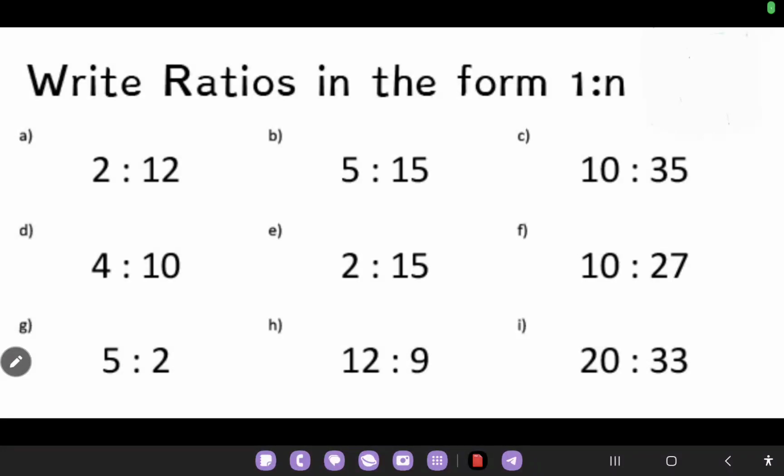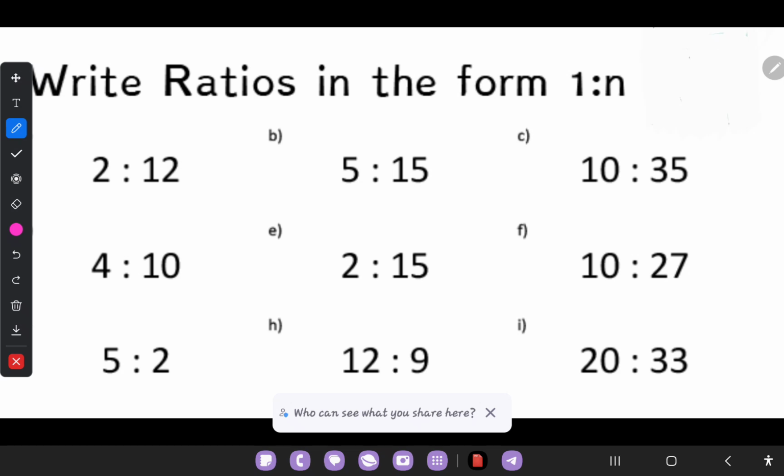Now we are going to take something new, which is talking about writing ratios in the form 1 to n. What is the meaning of this title? How can we write ratios in the form 1 to n? I don't know.